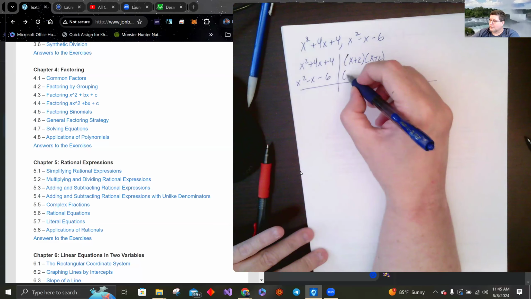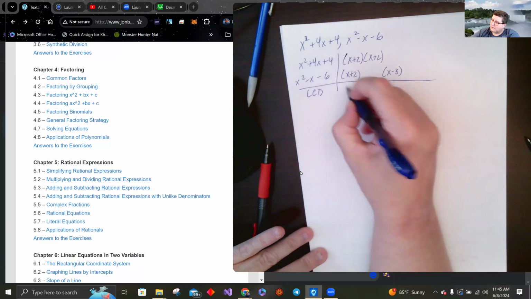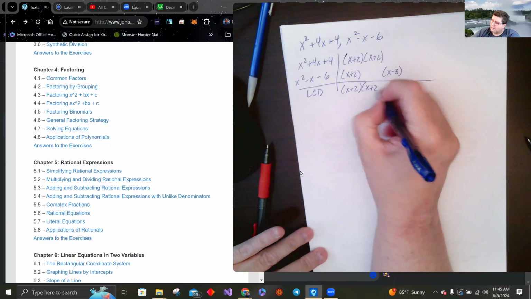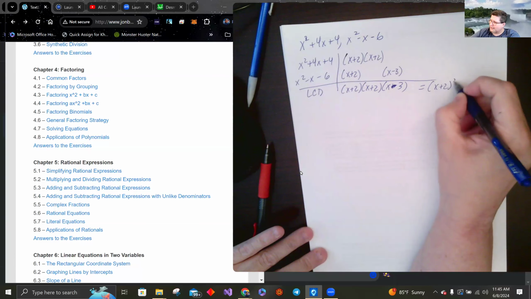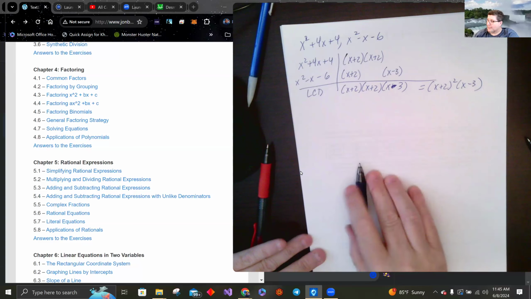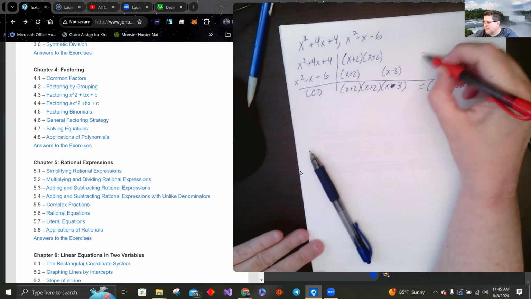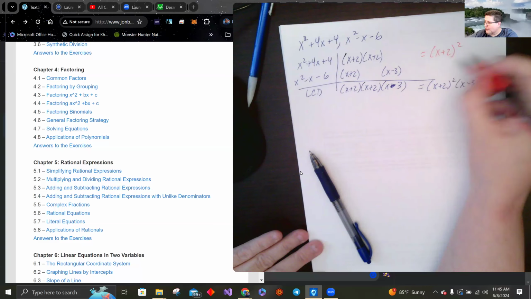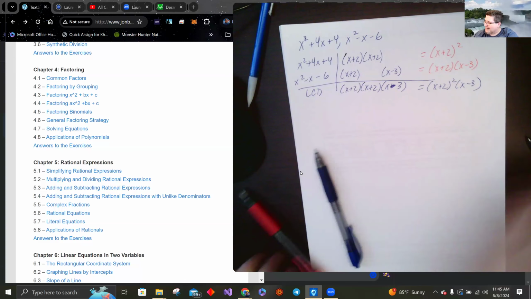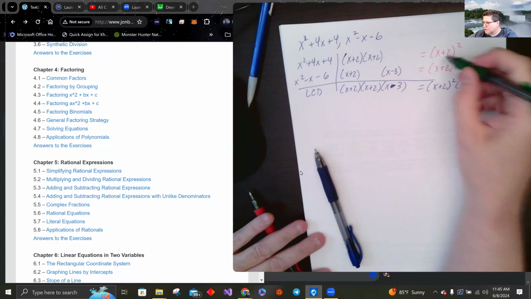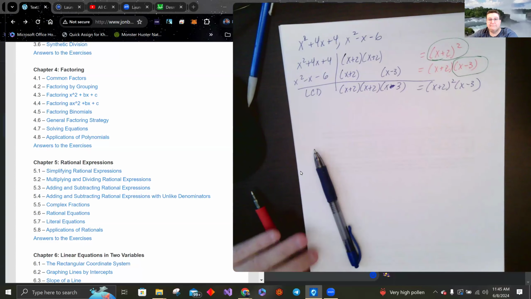And this is x plus 2 times x minus 3. So the LCD is one of each, or x plus 2 squared, x minus 3. And that's what they meant by choose the greatest power here. If I had this as x plus 2 squared, and this is x plus 2, x minus 3, these factors are the same, so I'm going to choose the one with the greater exponent. And this is the only time this one appears, so I'm going to choose that one.